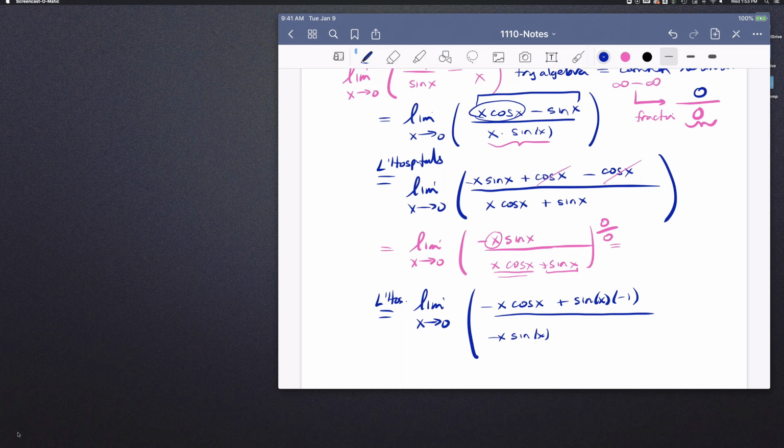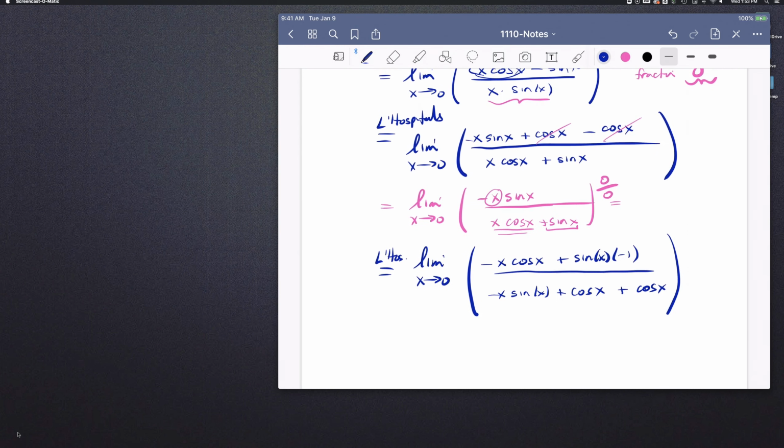First times the derivative of the second plus the second times the derivative of the first, and then the derivative of sine is cosine. And now we need to look and see what happens when we just try to put this into another form. Just do a little bit of simplifying of these minus signs. So this will be minus sine of x divided by negative x sine of x plus 2 cosine of x.